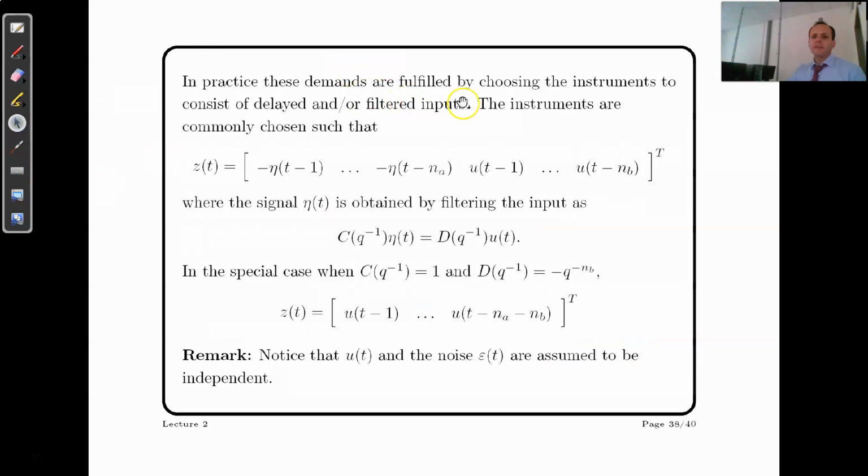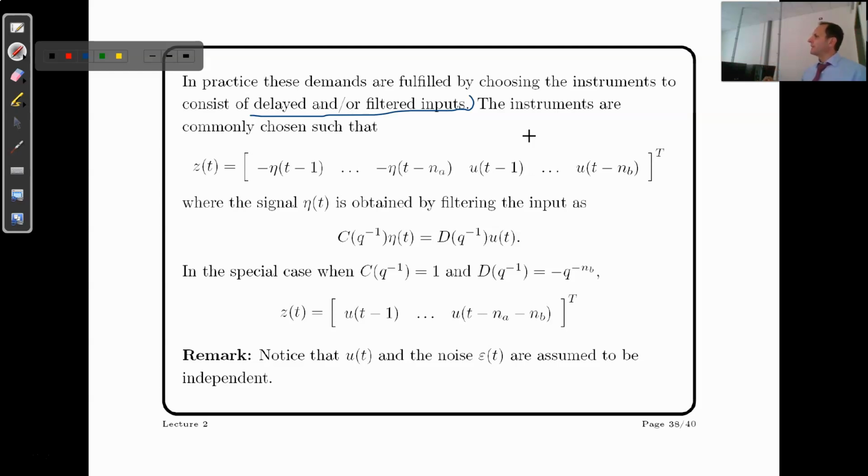In practice, you can choose these instruments by filtering the inputs of your system, because you know that phi contains the output, and the output is correlated with the input.